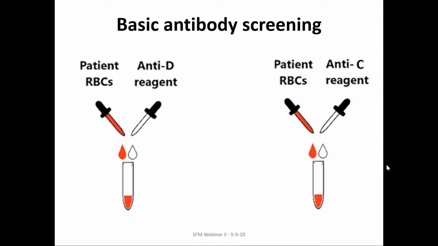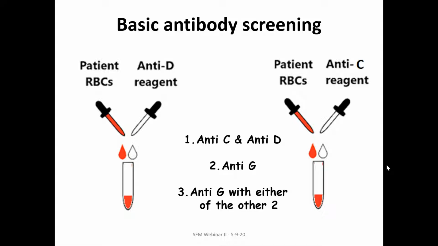Now, when you see a reaction of agglutination in the anti-D well and in the anti-C well together, it could mean one of 3 possibilities. First, she could have both anti-C and anti-D antibodies in her system.